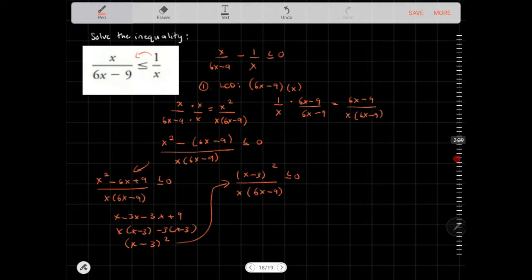Now what you want to do is solve this rational inequality. To solve it, you need to find your critical points, right? What we did here was simplify a rational expression.